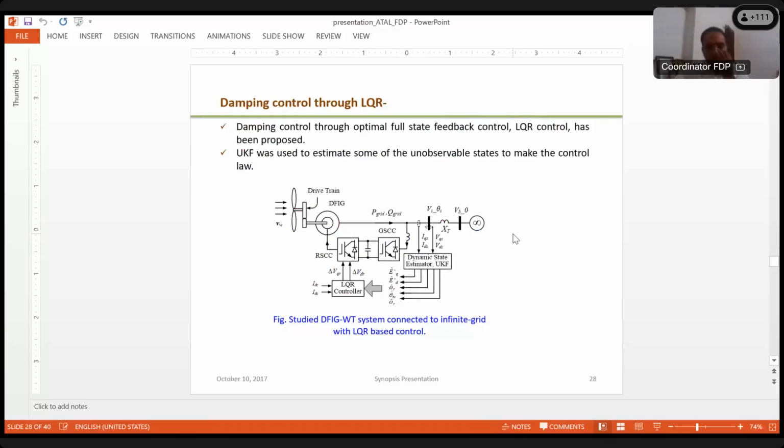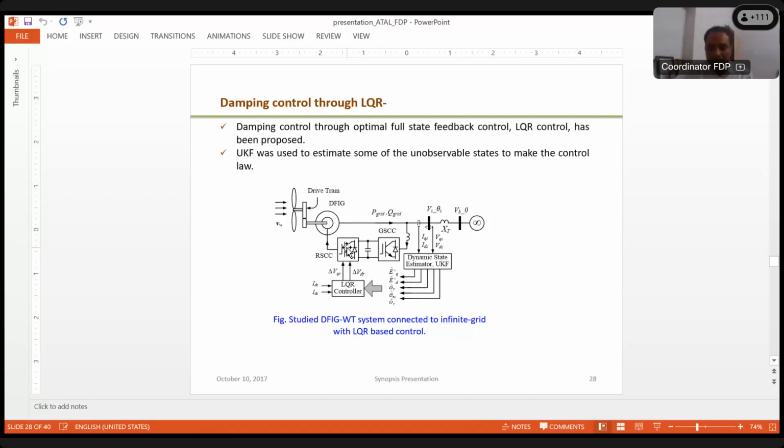Some of you might know that the linear quadratic regulator is a kind of state feedback controller, wherein all the states can be fed to the controller, and then it generates some output voltage. Earlier, these two back-to-back converters were there, and the rotor voltages were being controlled through some reference value of active power and stator voltage.